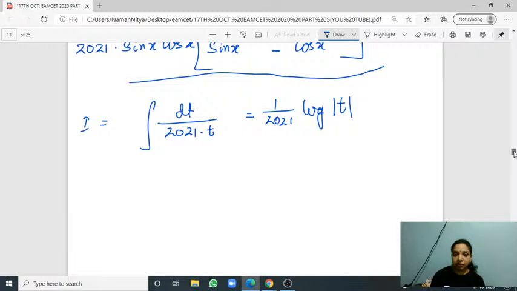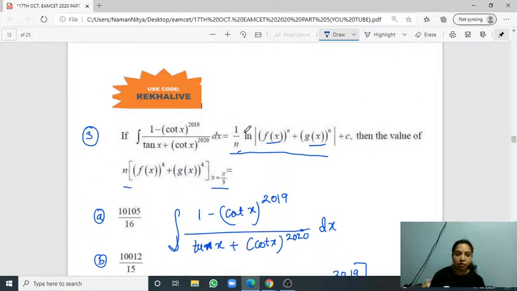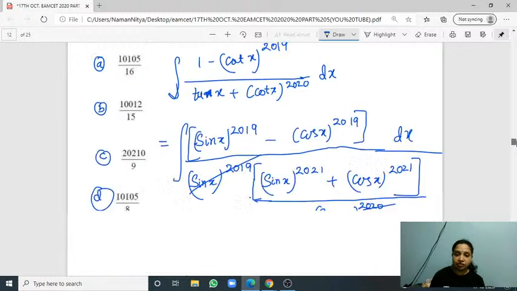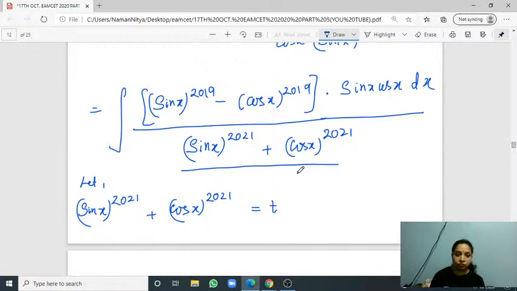Now we can compare with the given equation in the question: 1 by n log, and we know what is t. T is nothing but, let me just write t also. From here you just check, t is sin x power 2021.